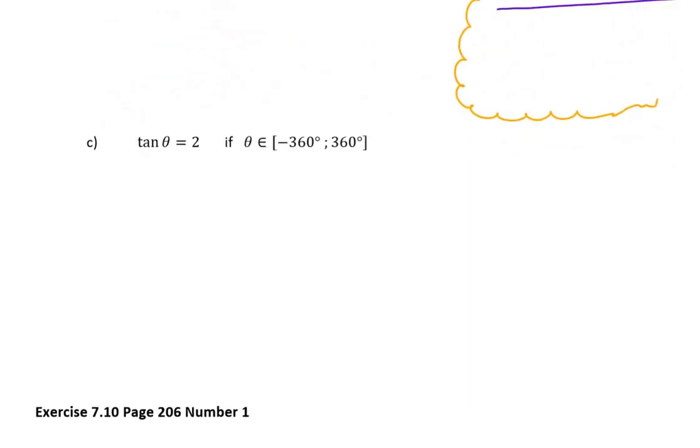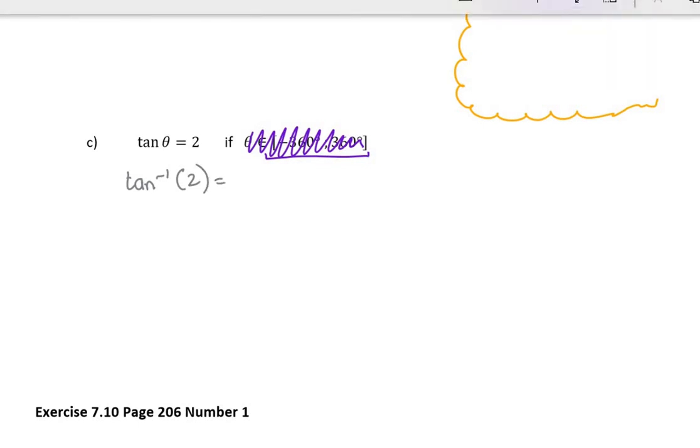So, last one is tan. Tan theta equals 2. But they've told me that theta has to be in that domain. Now, first of all, we ignore that, and we simply figure out when is tan equal to 2. So we say shift tan of 2, pick up your calculator, shift tan of 2, and I'm going to round to 2 decimal places, and I get 63.43 degrees.